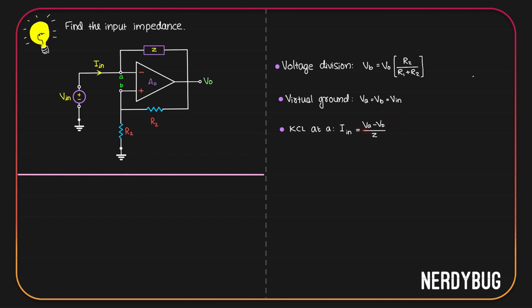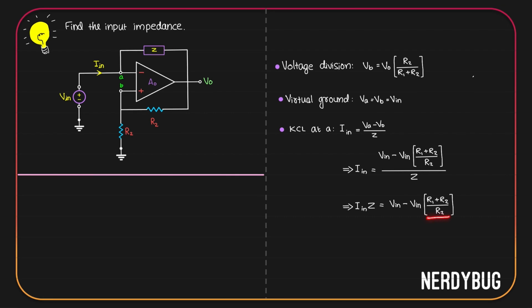But VA is equal to V in. For VO, we can find an expression over here. VO will be VB multiplied by R1 plus R2 divided by R2. Then I in becomes V in minus V in multiplied by R1 plus R2 by R2 divided by Z. Taking Z to the other side of the equation, we get this.